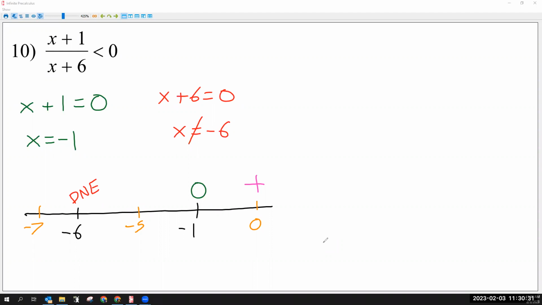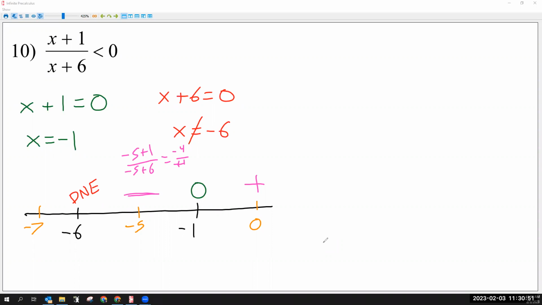I get negative because I'd say, all right, -5 plus 1, -5 plus 6. -5 plus 1 is -4. -5 plus 6 is +1. And a negative divided by a positive is a negative.